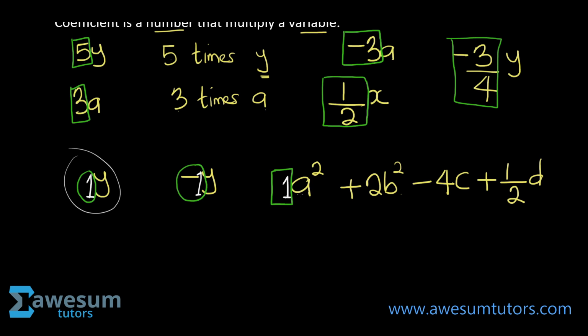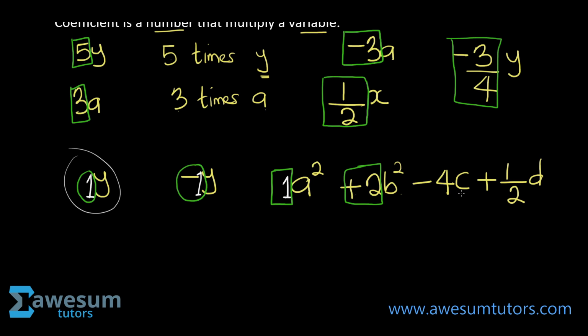And like we said, if you don't see any number in front of a letter like this, that means there is an invisible 1. That means this is 1 times a squared. So in that case, 1 is our coefficient. What about this? What is the coefficient of b squared? That is going to be positive 2.